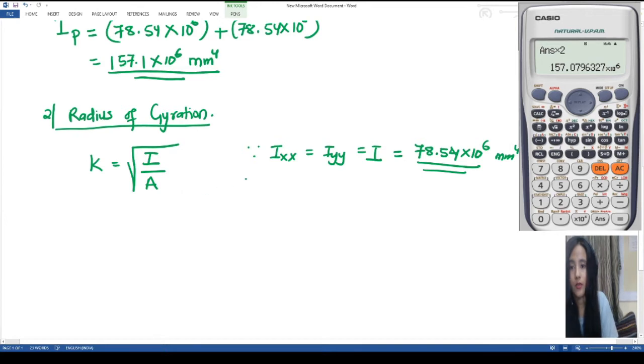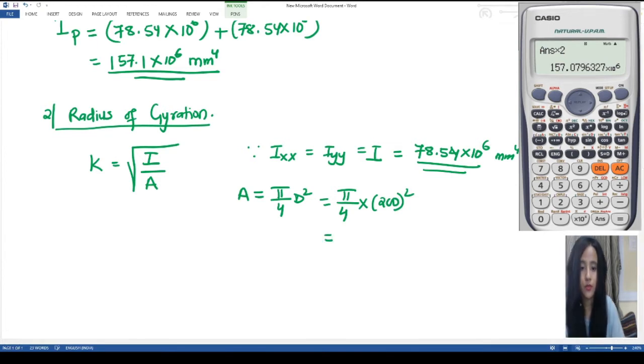Right? Now, how much will our area of a circle be? It will be equal to pi by 4 d squared, which will be equal to pi by 4 into 200 squared. Now this will come equal to, let us solve again, pi by 4 into 200 squared.